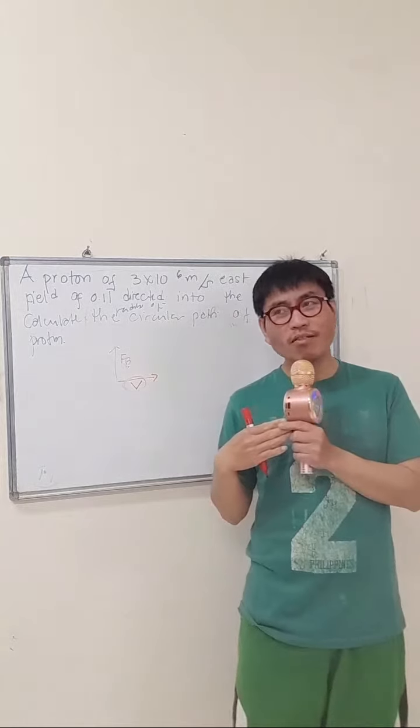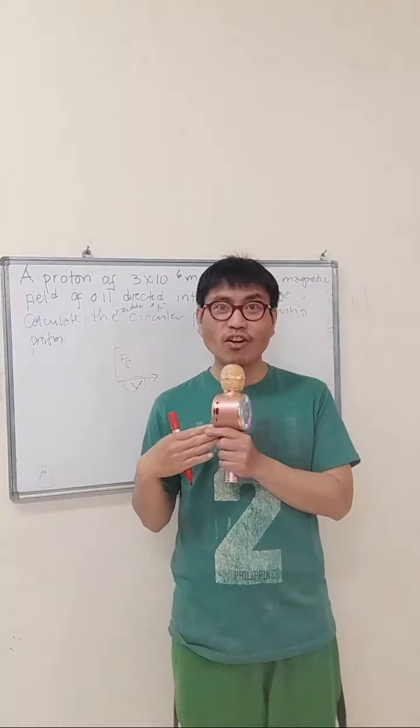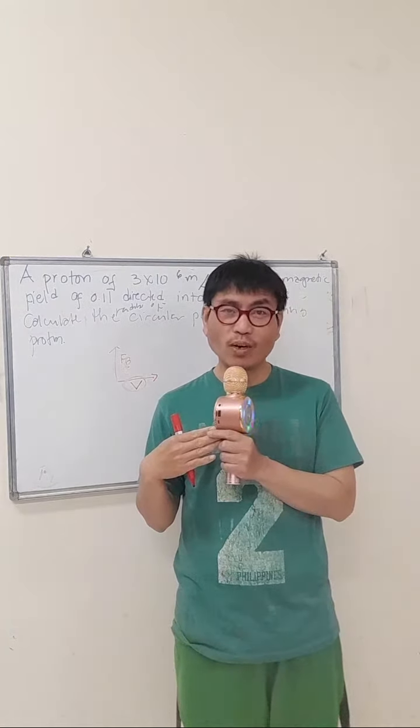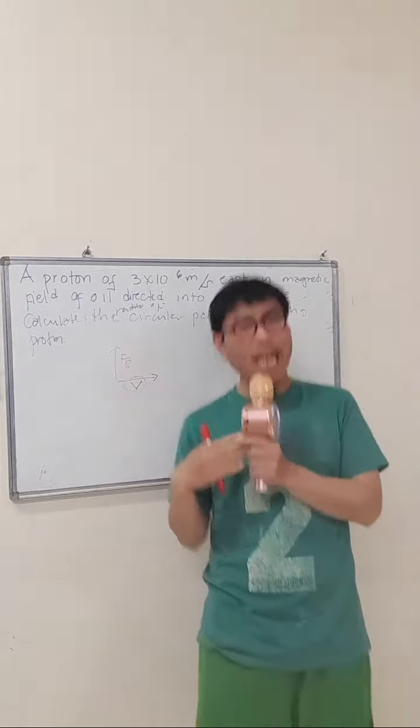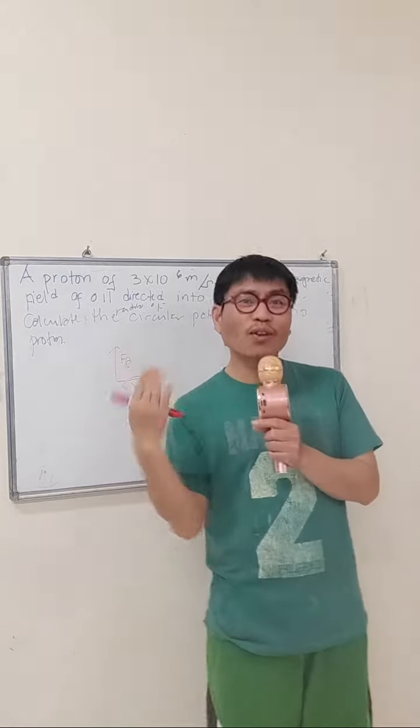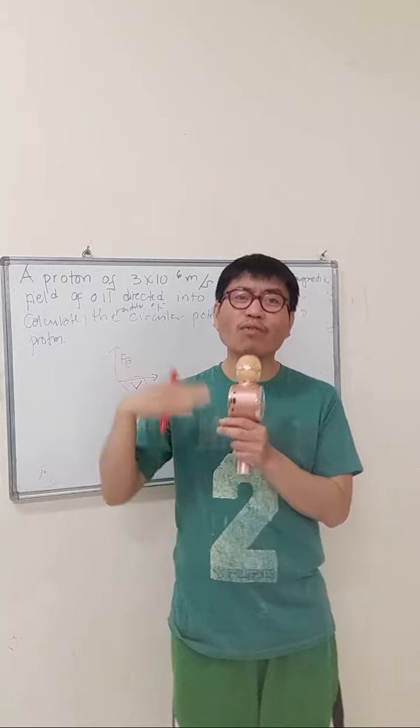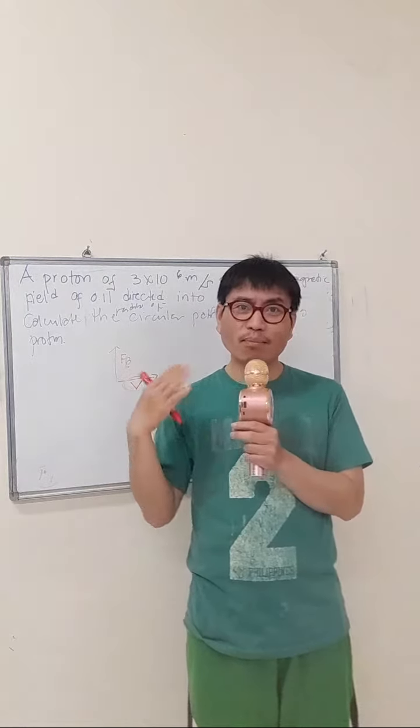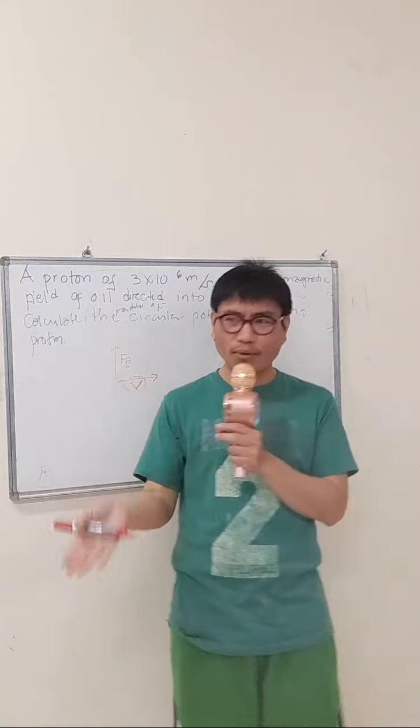So what's on your mind is a combination of electric force and magnetic force with the corresponding electric field and magnetic field, driven by the velocity of these charged particles moving.